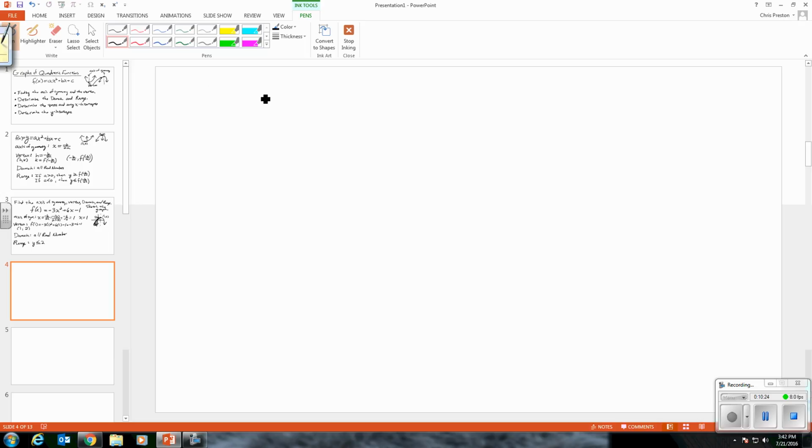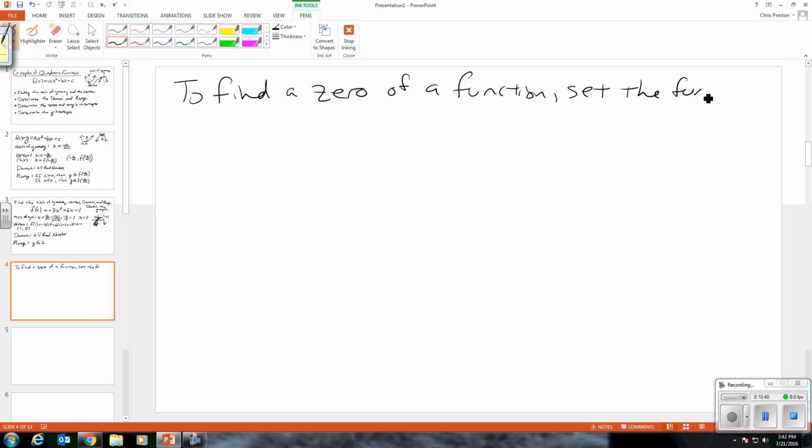So, to find a zero of a function, set the function equal to 0 and solve for x.